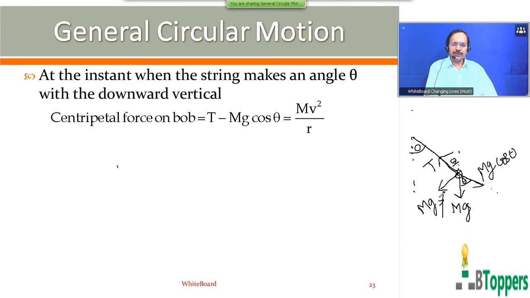The component mg cos theta acts along the string and away from the point of suspension, that is, opposite to the direction of the tension force. So the magnitude of centripetal force on the bob is equal to the net force towards the center, that is T minus mg cos theta. From Newton's second law, that is equal to mass into the magnitude of the acceleration towards the center, that is m into v square by r.